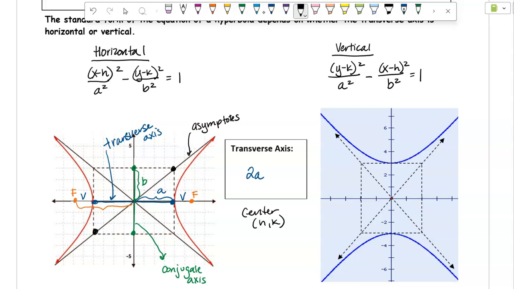Okay, if you're back to check, we would label these things like this. These would be my vertices. My vertices are above and below each other, in a vertical line. That's why this is a vertical hyperbola. We've got our transverse axis connecting those, and then we've got these right here, which are my conjugate axis.